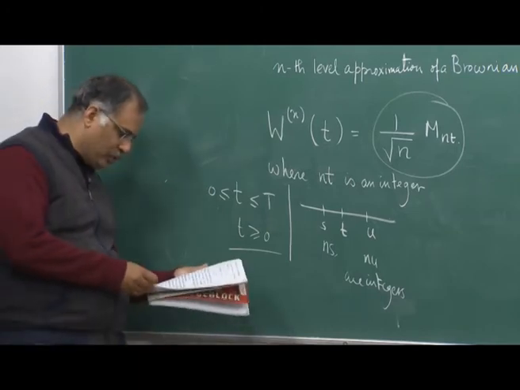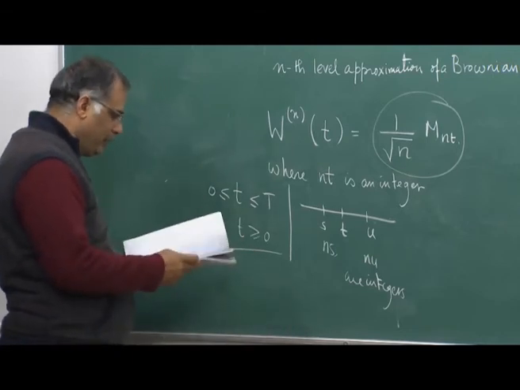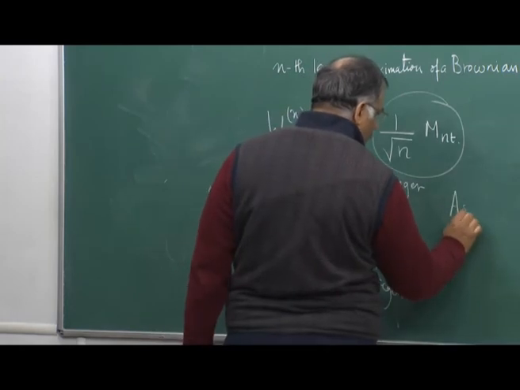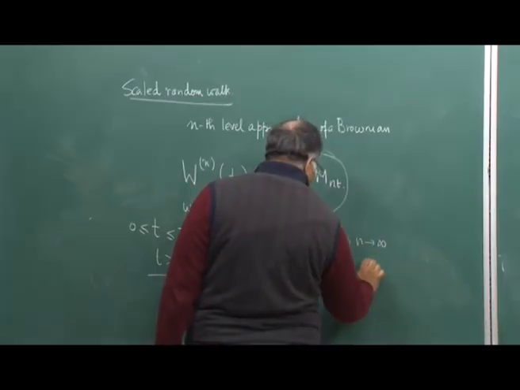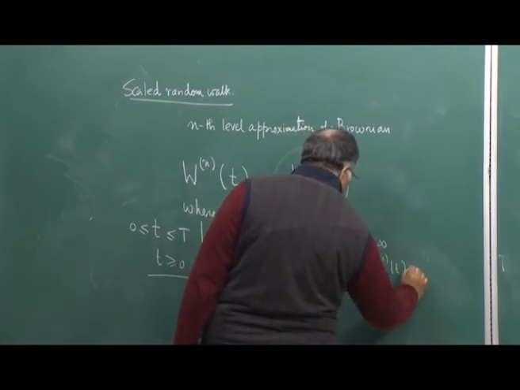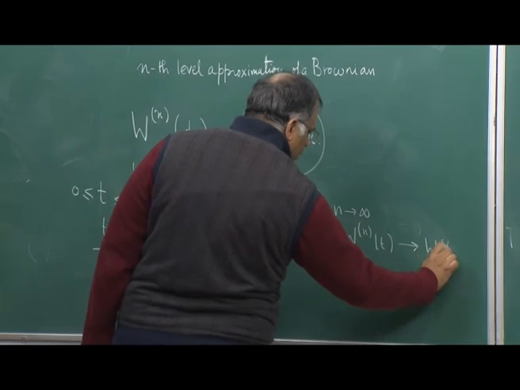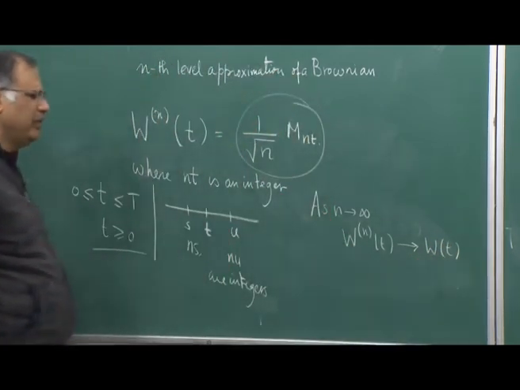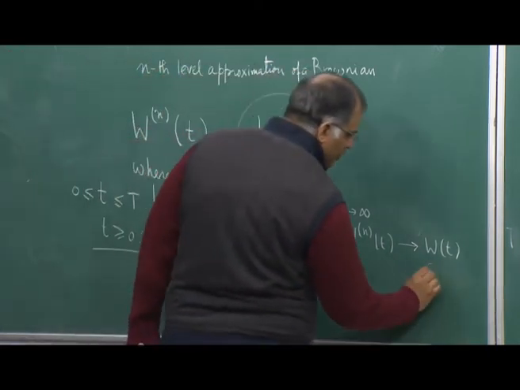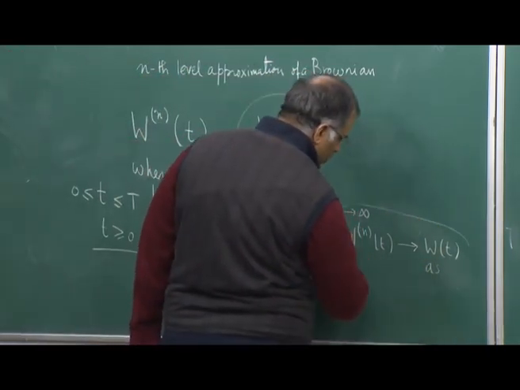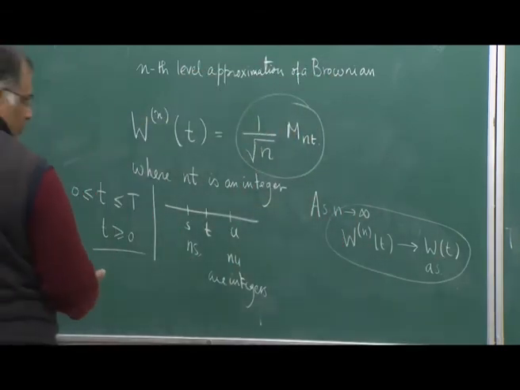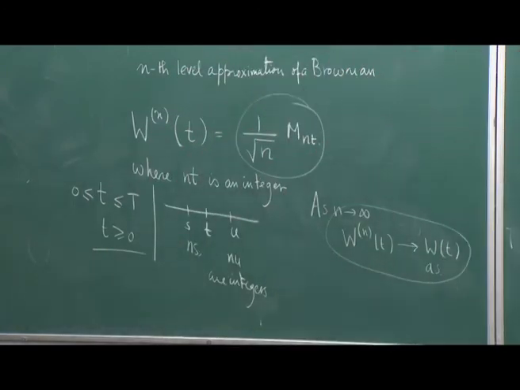Actually, it can be shown that as n tends to infinity, this random variable W_nt converges in distribution.